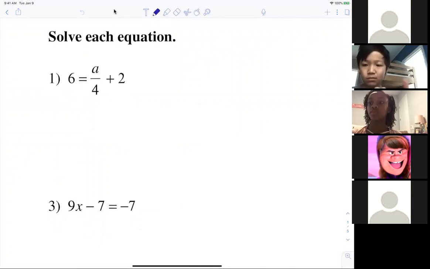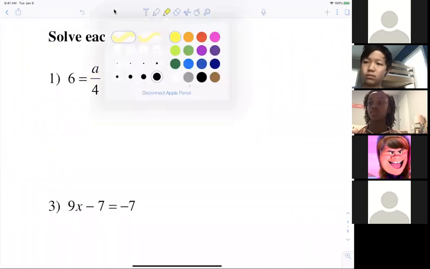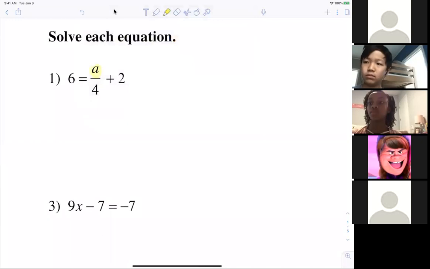So first thing, we're working backwards. So what exactly does that mean? That means we're isolating the variable. So in order to isolate the variable, you have to get rid of the numbers that are around the variable. This we're going to get rid of, and this we're going to get rid of.